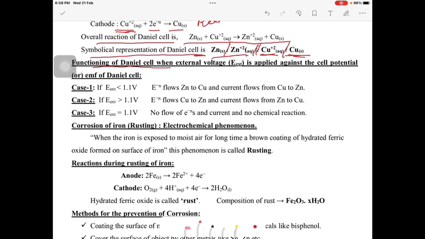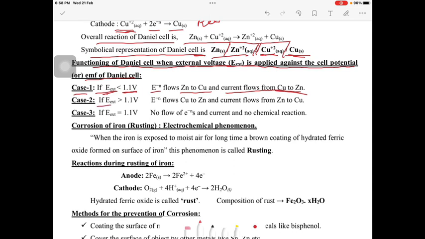Functioning of the Daniell cell when an external voltage is applied against the cell potential, the EMF of the Daniell cell. Case 1: if the external potential is less than 1.1 volt, then electrons flow from zinc to copper, and current flows from copper to zinc.